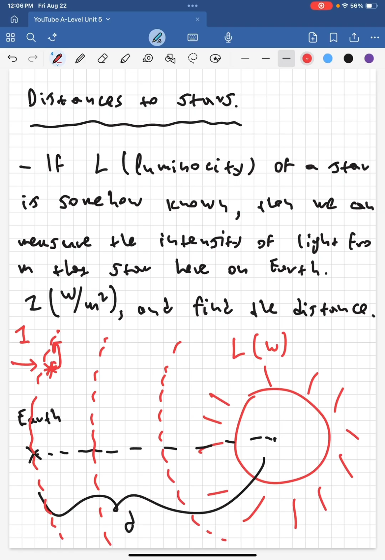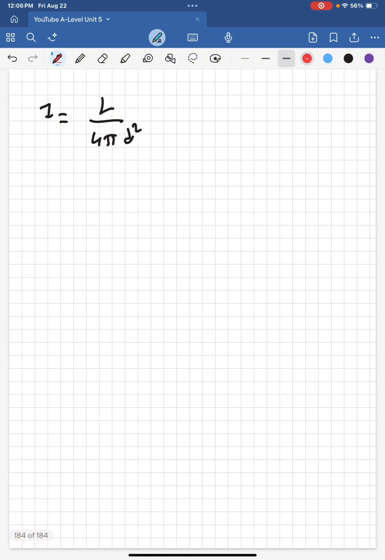Because the star is a distance of d away from us. So you can imagine a large sphere of surface area 4 pi d squared, where the luminosity, the total light output of the star, is distributed evenly around this sphere. Therefore, the intensity is L over 4 pi d squared.